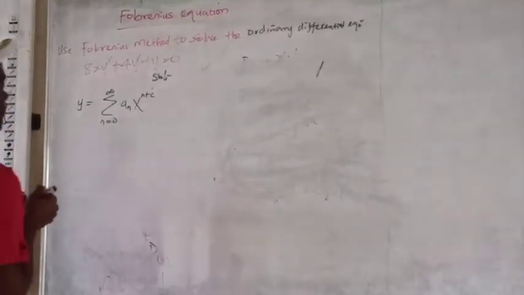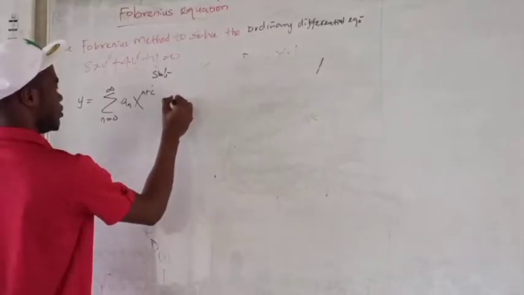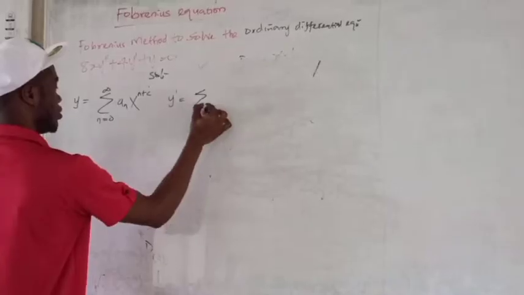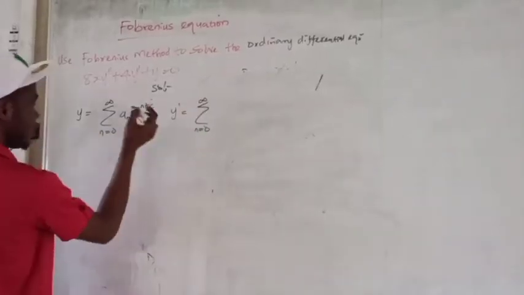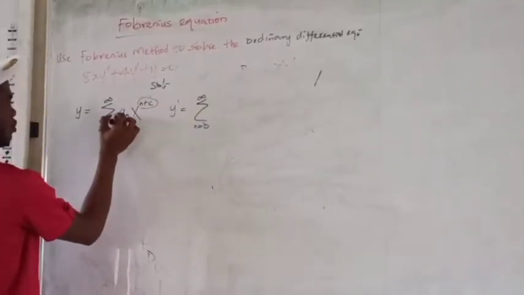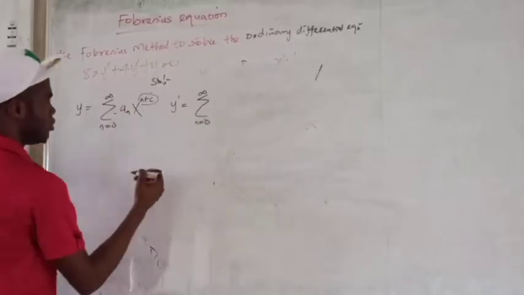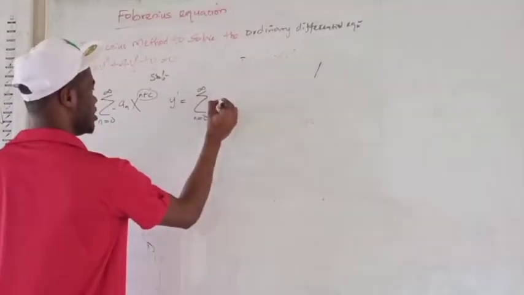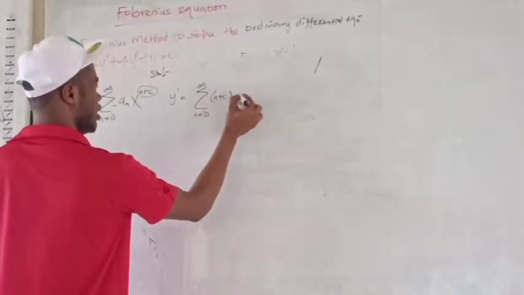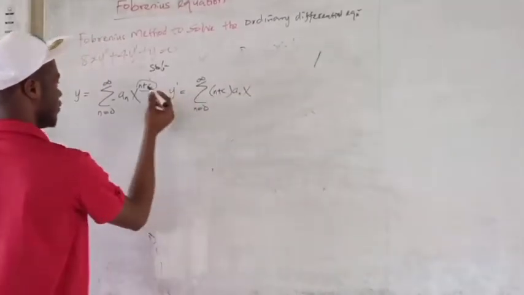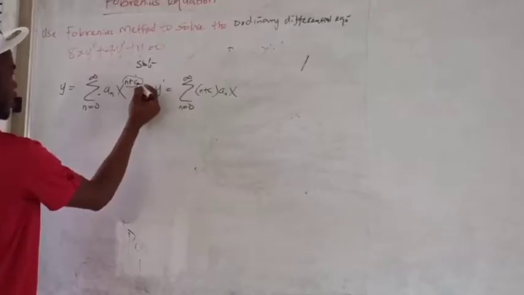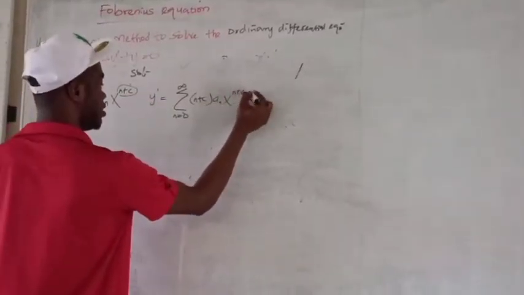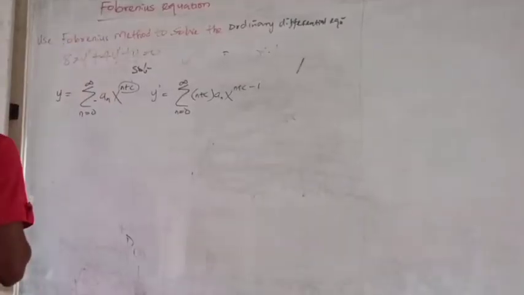Then our y prime is equal to the summation from n equals 0 to infinity. Of course, this power will multiply the whole base. So I'm left with n plus c, a subscript n, x raised to the power of, so I'm to subtract 1 from the power. So I have n plus c minus 1.